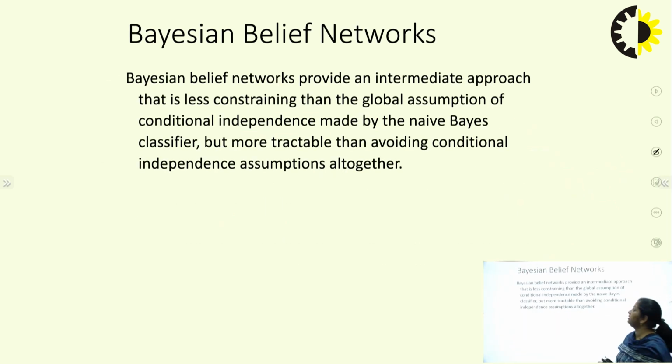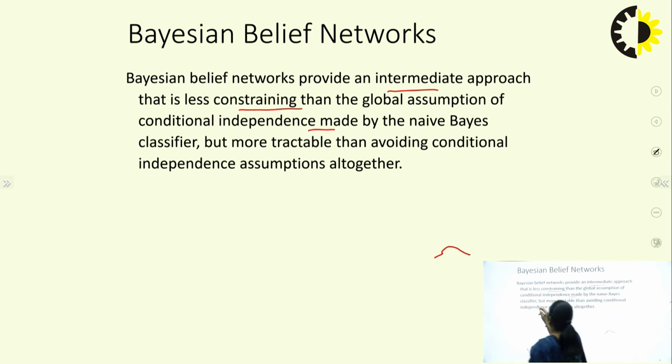The Bayesian belief network provides an intermediate approach that is less constraining than the global assumption of conditional independence made by the naive Bayes classifier, but more tractable than avoiding the conditional independence assumption altogether.